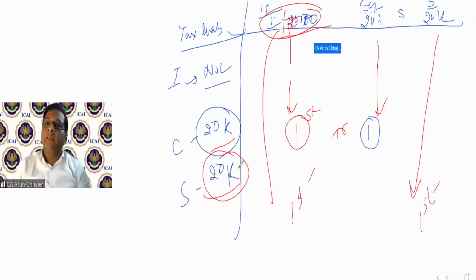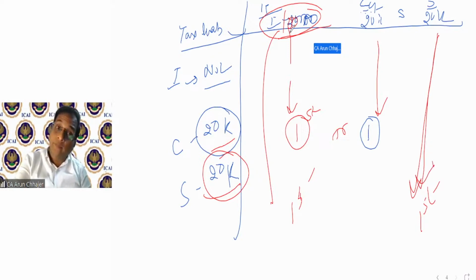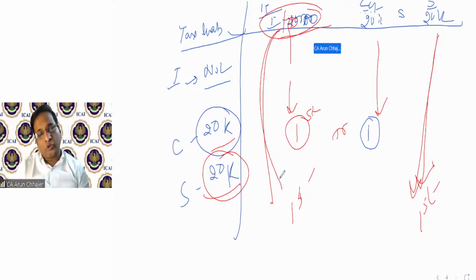To discharge this liability of 20,000, will the amount be taken from S first or from I first? Very simple question, the same as I asked for CGST, now asked with respect to SGST.